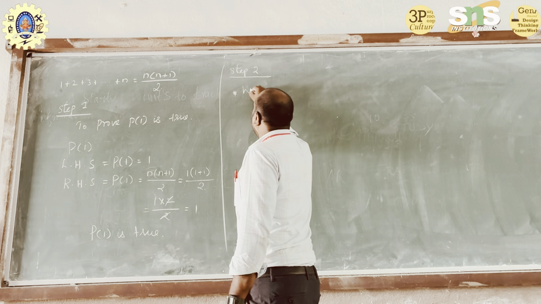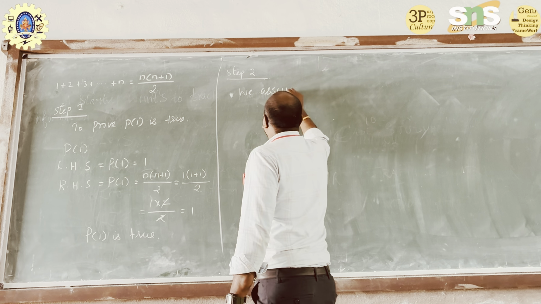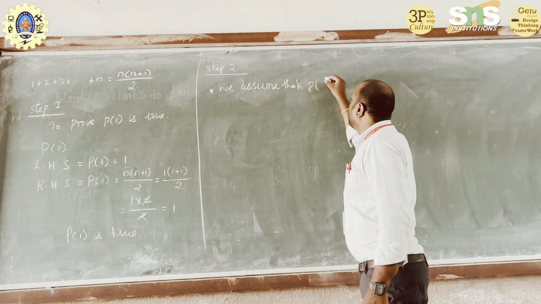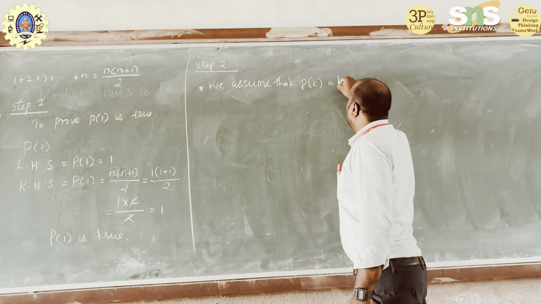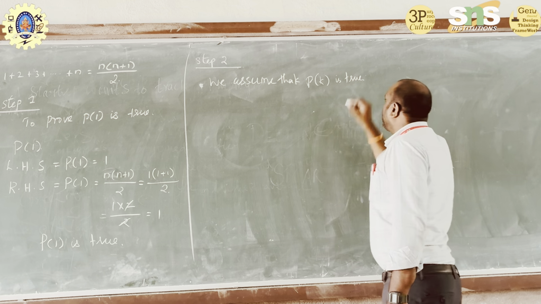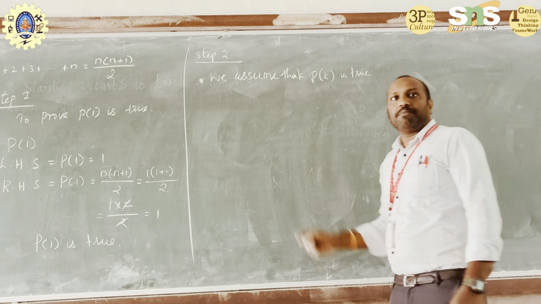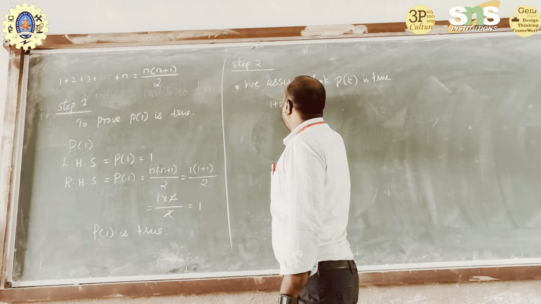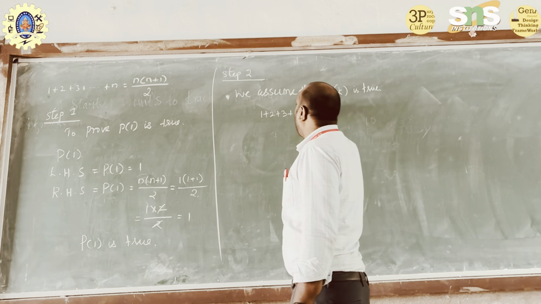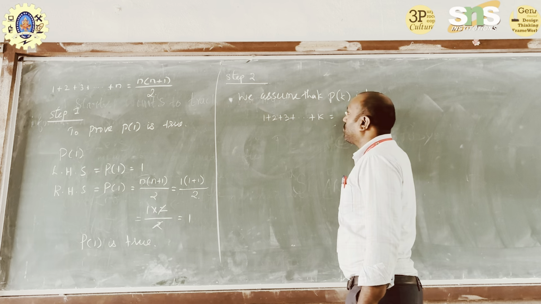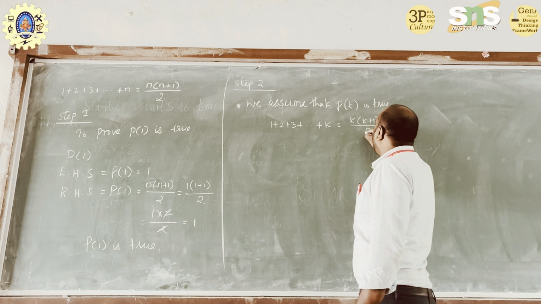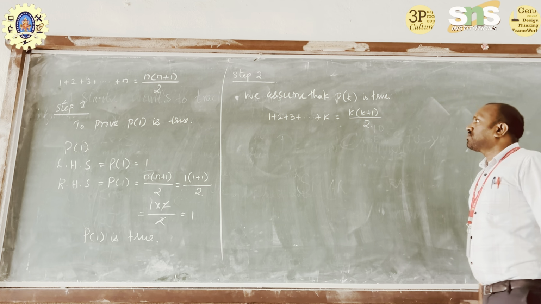We have to assume that P of k is true. Assume that P of k is true. So when P of k is true, what is that? 1 plus 2 plus 3 and so on plus k is equal to k into k plus 1 divided by 2.